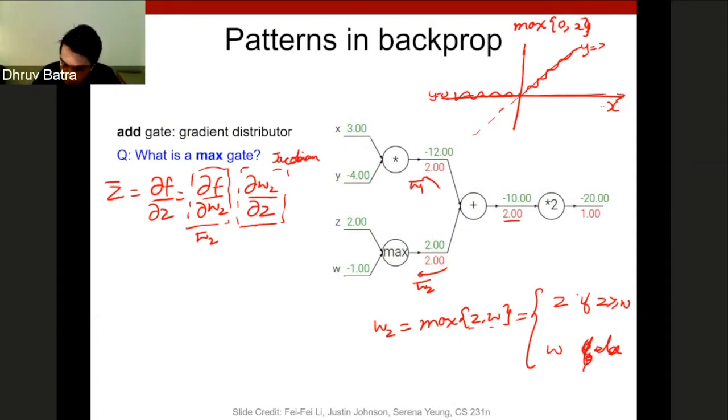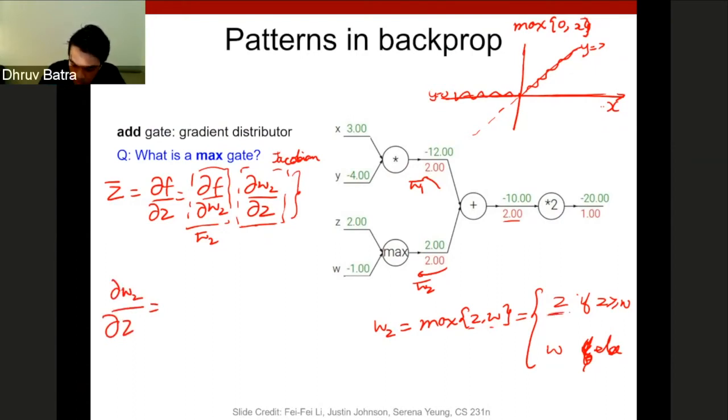That we have Z greater than or equal to W. If that's true, then W2 is equal to Z. That's just how max is defined. And if that's not true, then it's W. That's, again, how max is defined. It means Z is strictly less than W, so you pick W. And as soon as you do that, then computing this object, which is partial of W2 with respect to Z, becomes somewhat clearer. Well, this is a line.